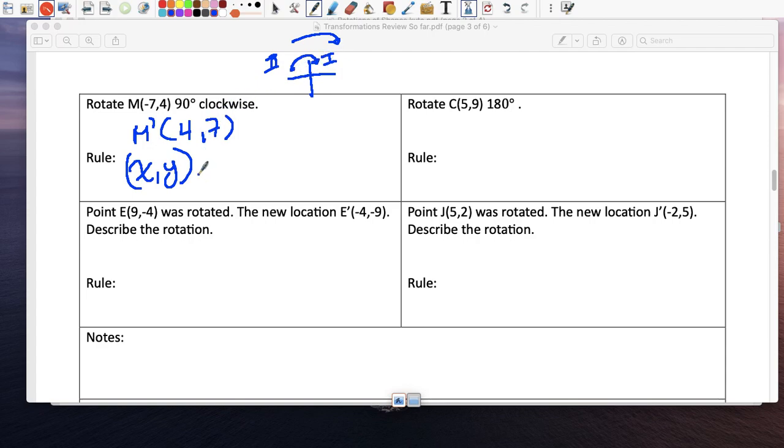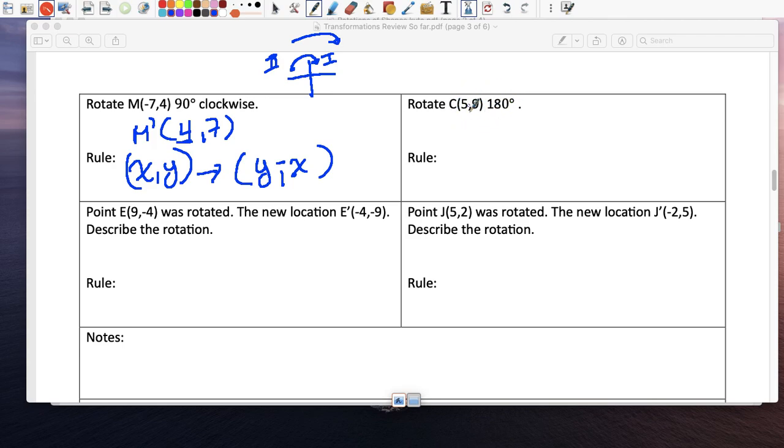So the rule was (x, y); they switch once to (y, x), and we negate the x. Notice the original 4 stayed the same, so the y stayed the same, but the x went from -7 to 7, so that changed signs.